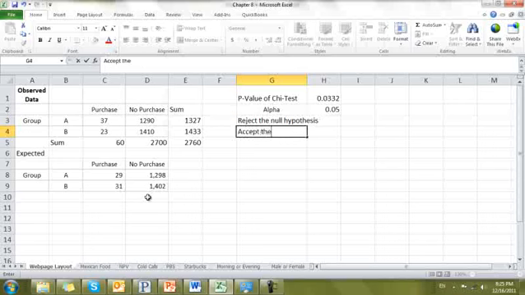I accept the alternative hypothesis. The differences are statistically significant.